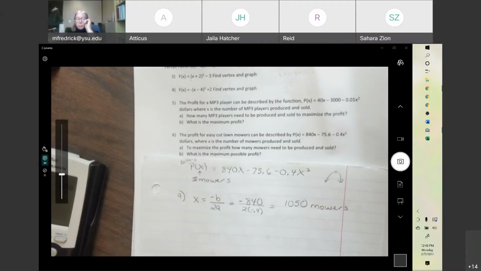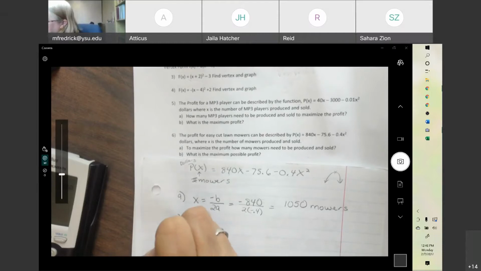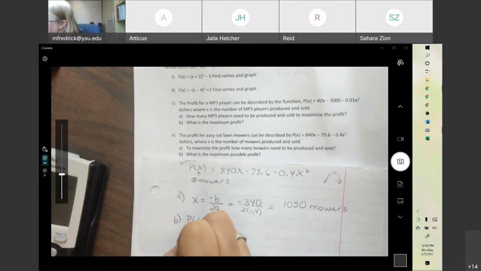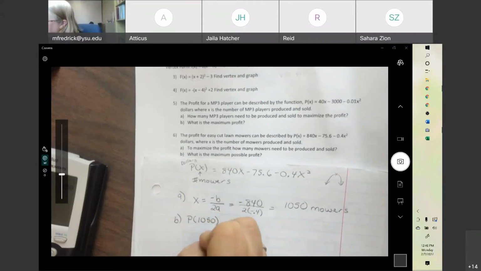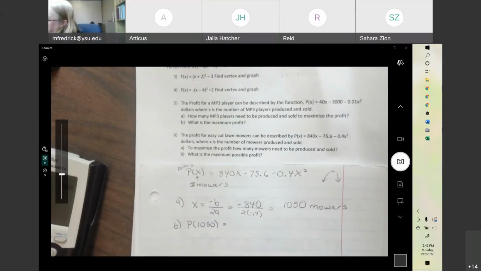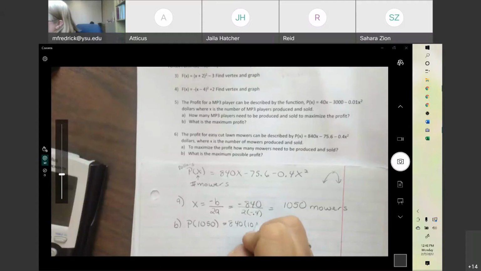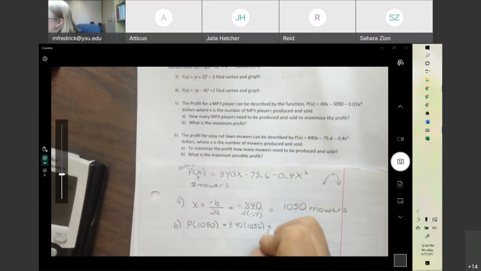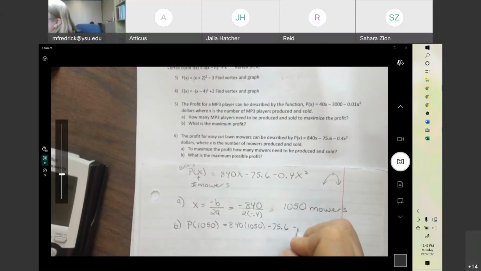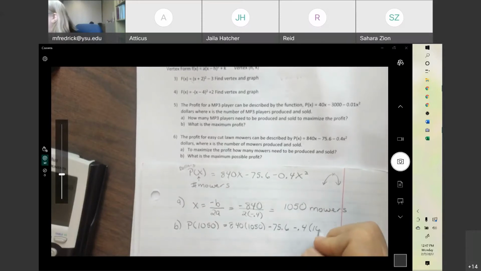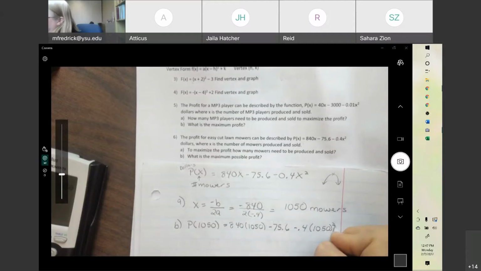To find the maximum profit, plug that back into your profit. 840 times the 1050 minus the 75.6 minus 0.4 times 1050 squared.